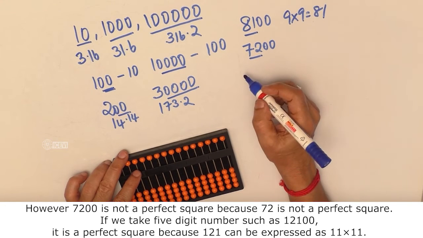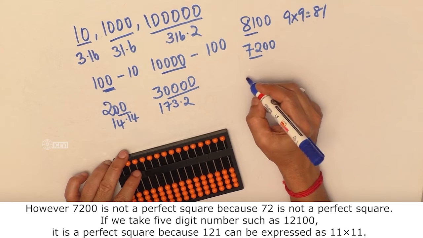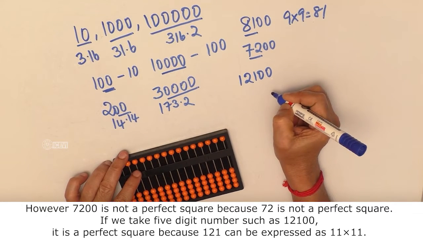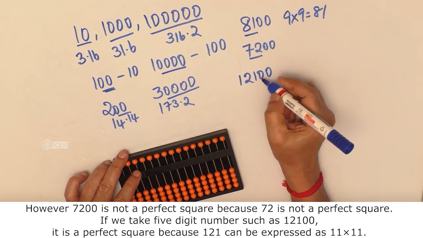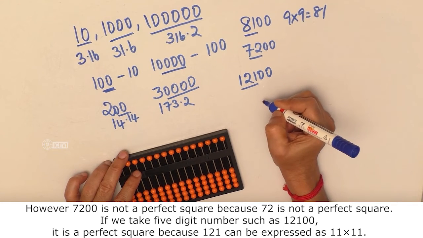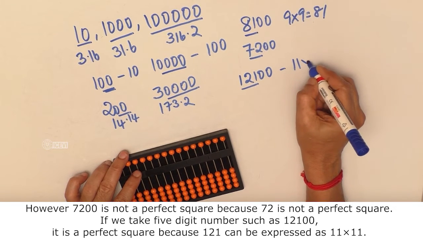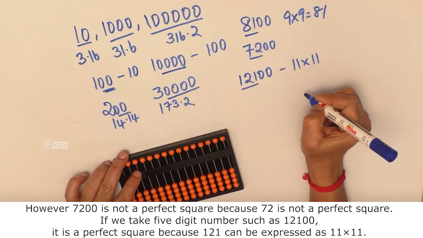If we take a 5-digit number such as 12,100, it is a perfect square because 121 is a perfect square, as it can be written as 11 multiplied by 11.